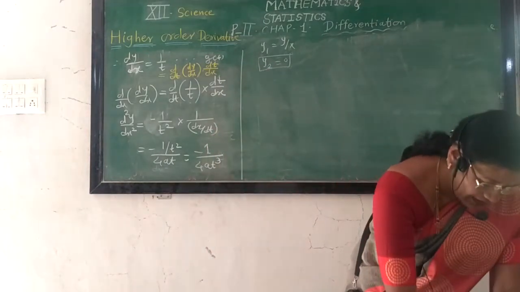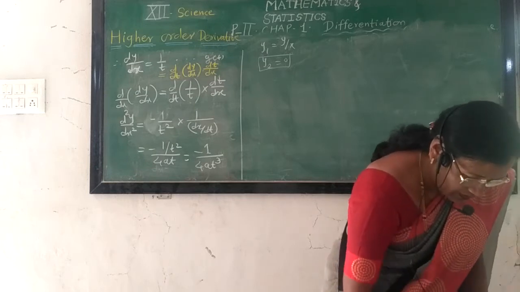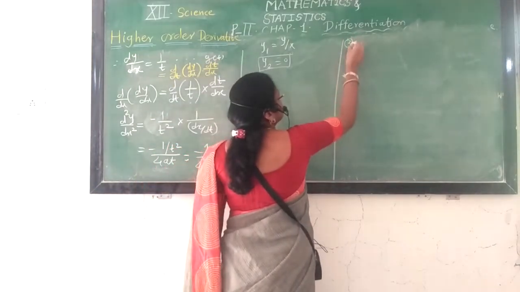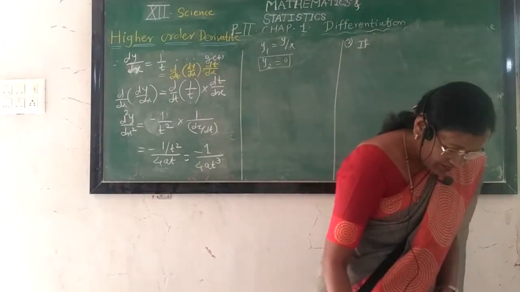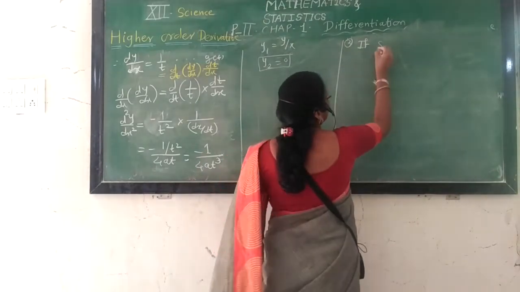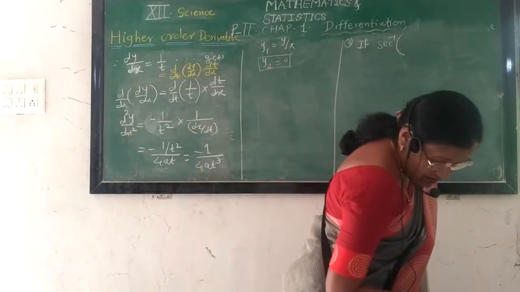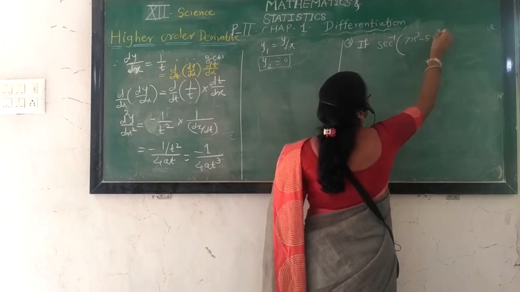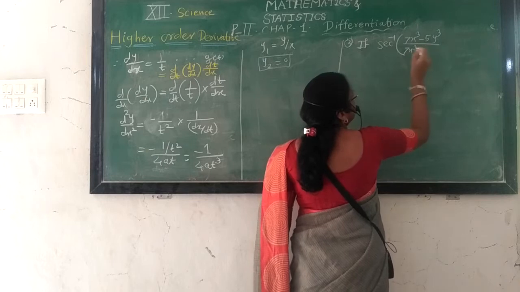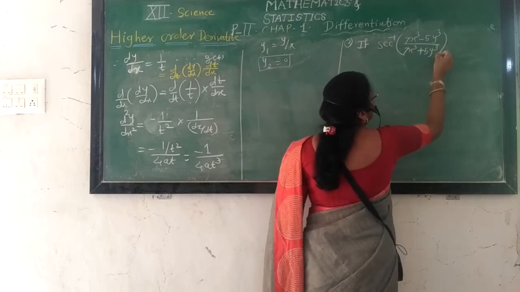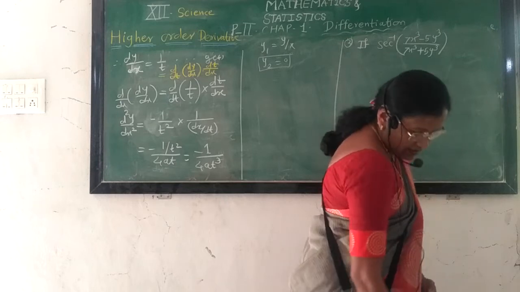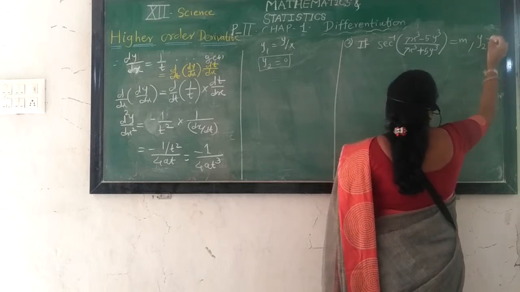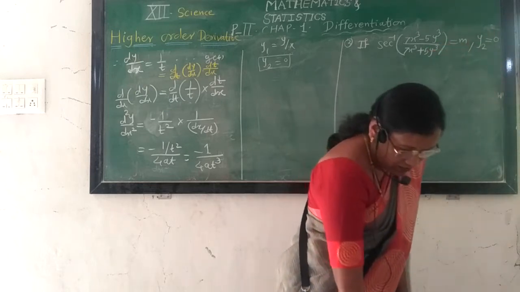Now take an example from that topic, the third question: if sec inverse of (7x cube minus 5y cube) upon (7x cube plus 5y cube) is equal to m, then show that y2, or d2y by dx square, is equal to 0.